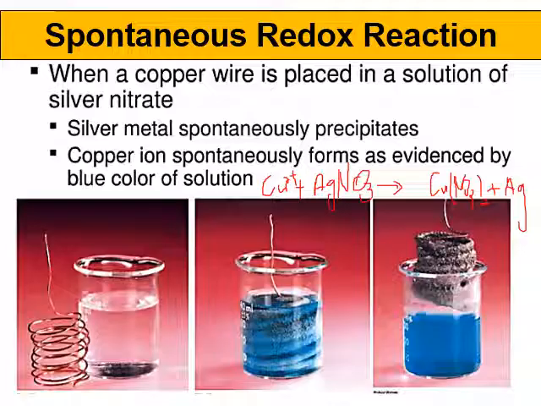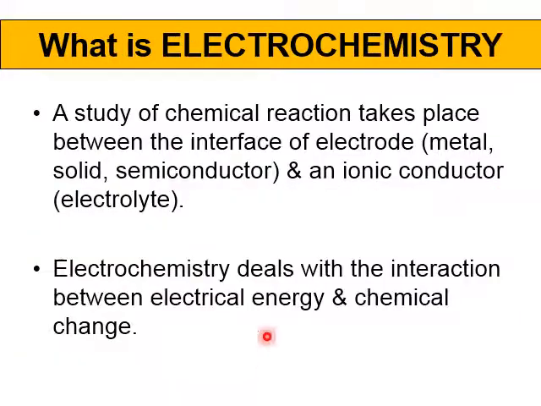The solution turns blue, which means copper has been oxidized to copper nitrate, while silver itself has been reduced, forming a rusty-looking deposit. So that's why the color turned blue, and the silver turned into this color.